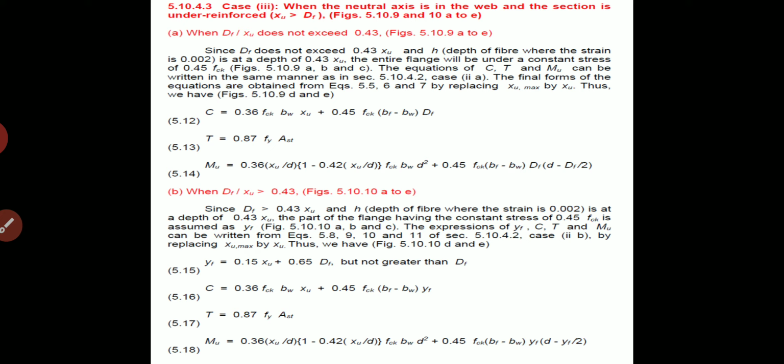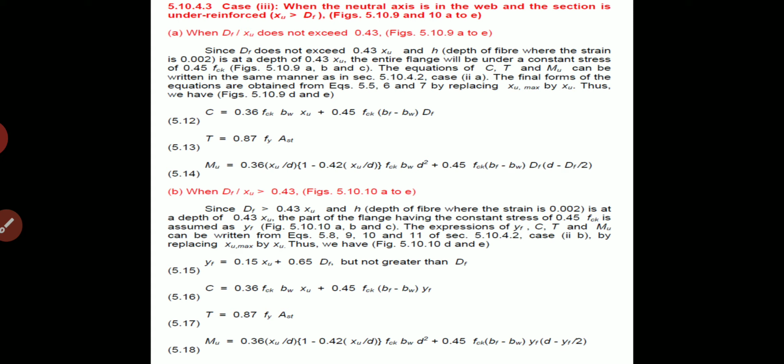Thus we have Yf equal to 0.15 Xu plus 0.65 Df but not greater than Df. Compression side C equal to 0.36 fck bw into Xu plus 0.45 fck bracket bf minus bw into Yf.